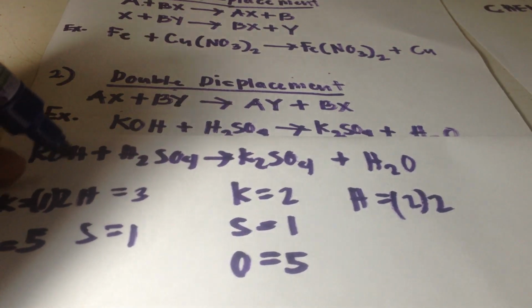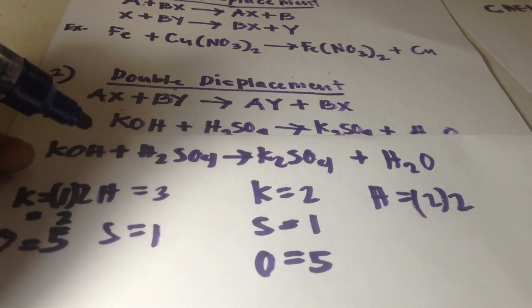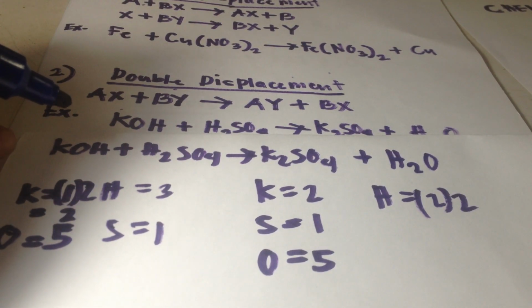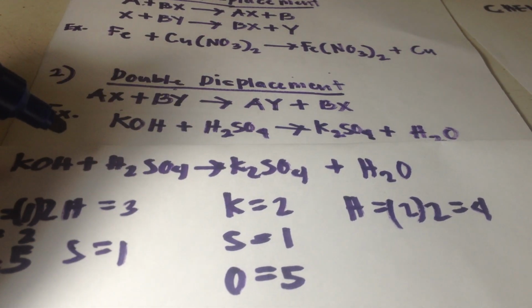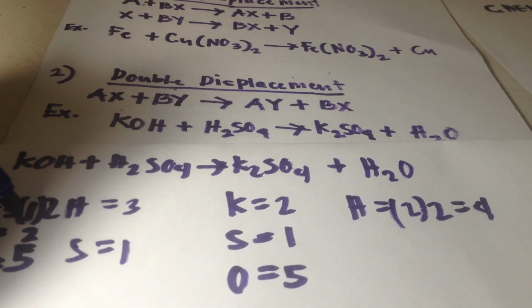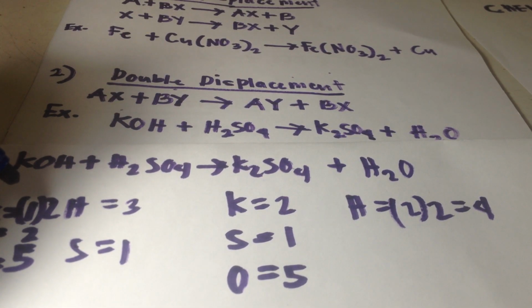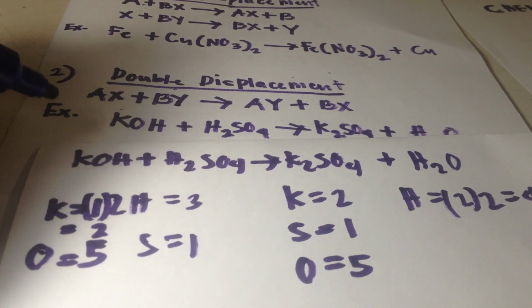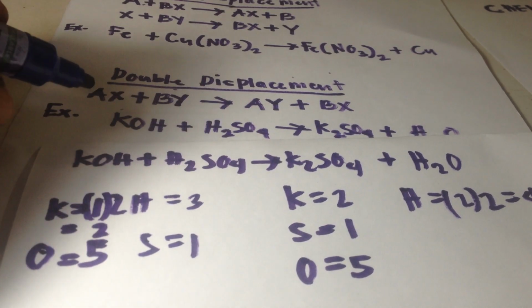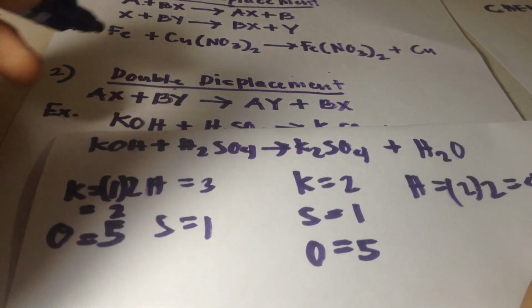So 1 times 2 in potassium is equal to 2, and in hydrogen we need to multiply, so 2 times 2 is equal to 4. And how about the hydrogen here? 2 plus 3 is 5. Okay? No. Yeah, it's the same, 2 plus 2 is 4. So hydrogen becomes 4.